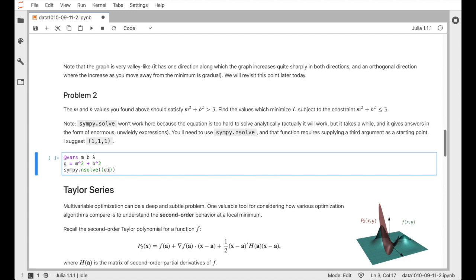And the equation we want to solve is that the derivative of L with respect to b, so the derivative of the objective function, is equal to lambda times the derivative of the constraint function. So that's true in the b coordinate, but we also need that equation to hold with respect to the m coordinate as well.